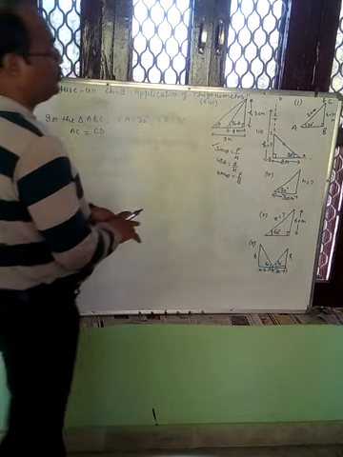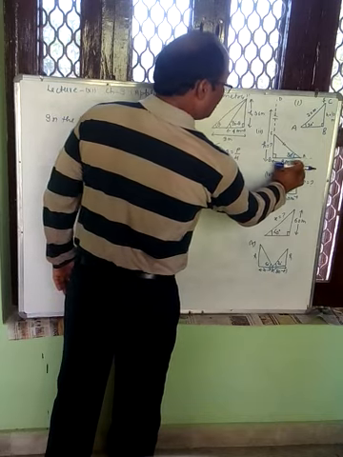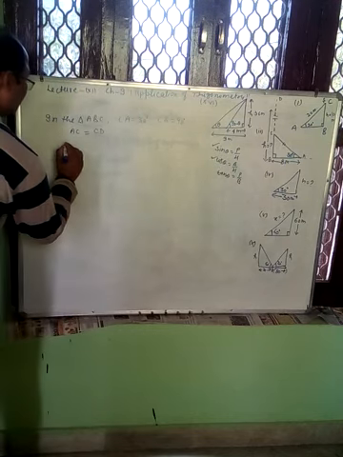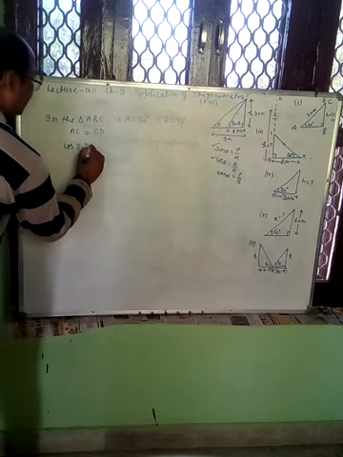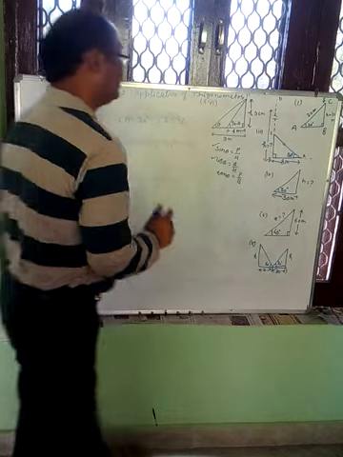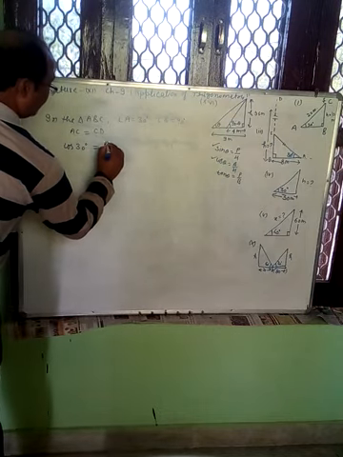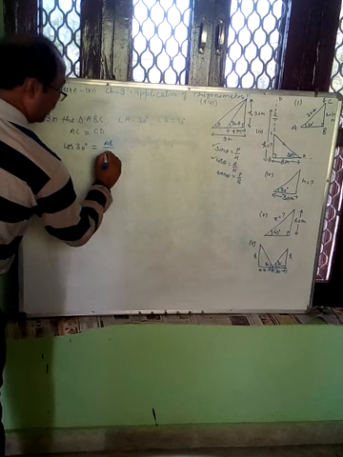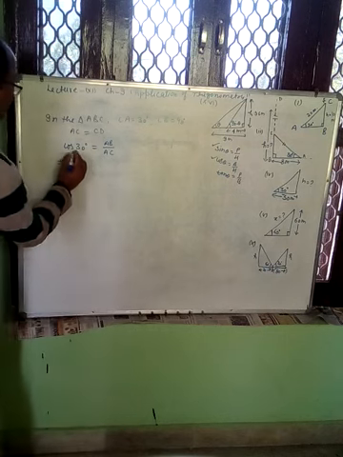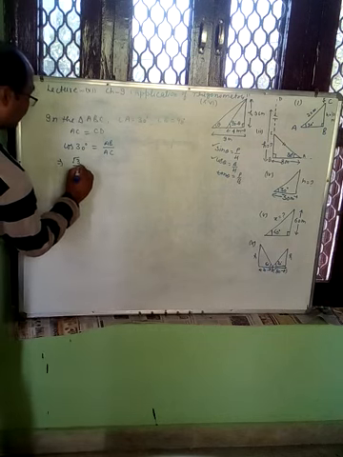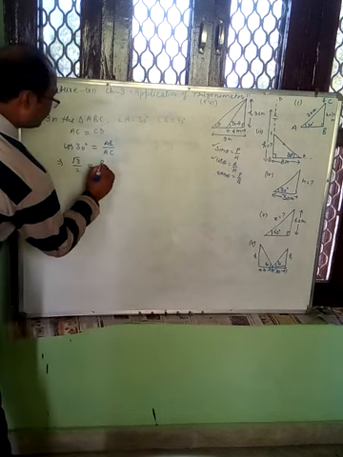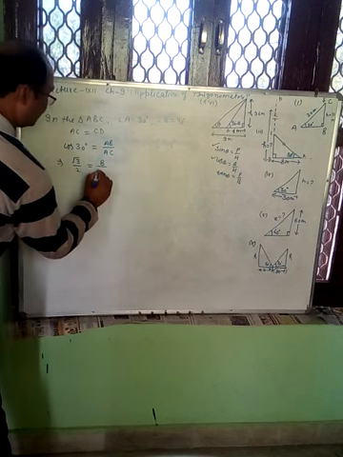Now we are using cos 30. Cos 30 degrees is equal to base upon hypotenuse, that is AB upon AC. Therefore cos 30, we know this is equal to root 3 upon 2, which is equal to AB, 8 meter, upon AC.